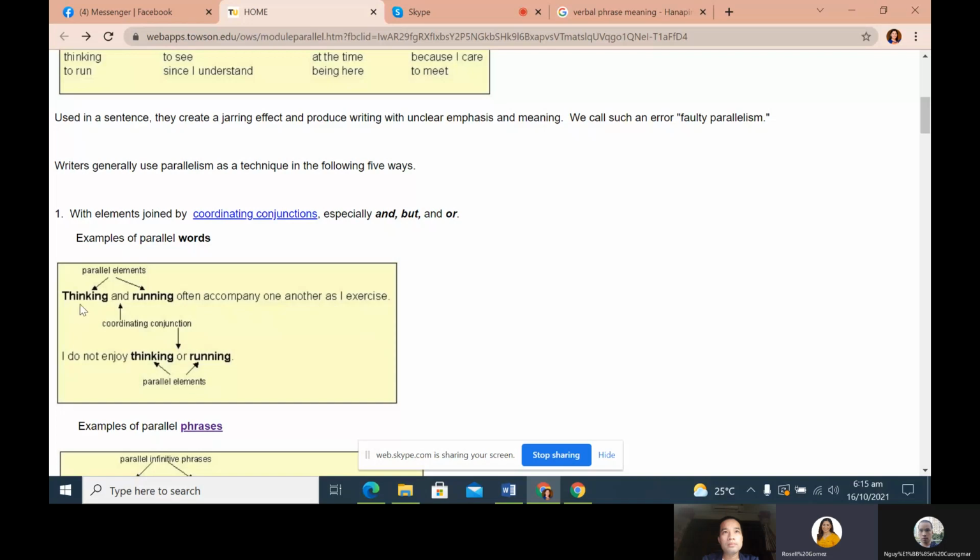Please read the sentence. Thinking and running often accompany one another as I exercise. What are the two nouns here? Thinking and running. What word connects them? And. Correct. Is this sentence parallel or not parallel?